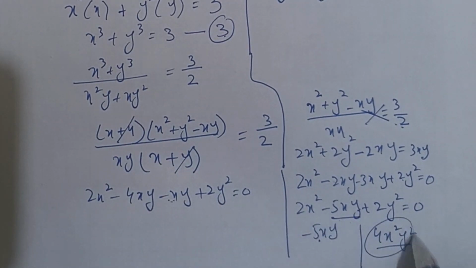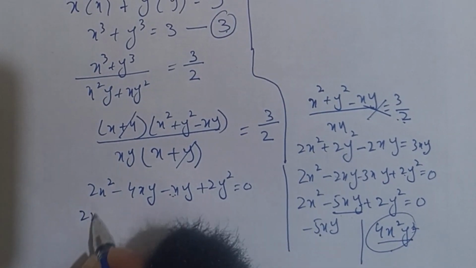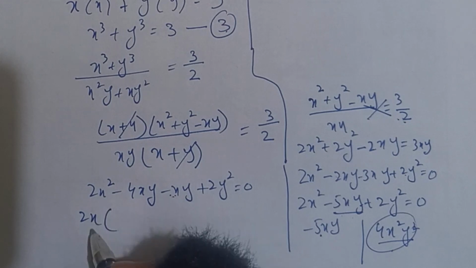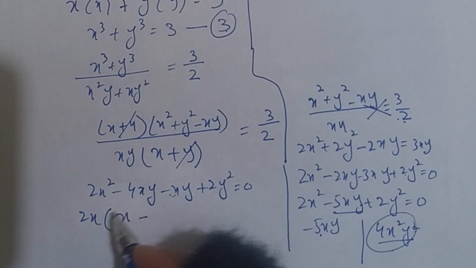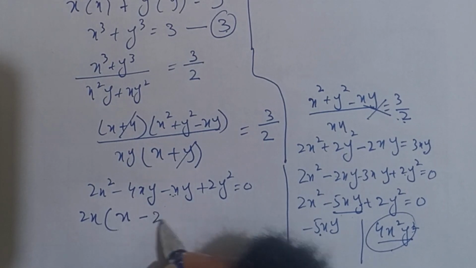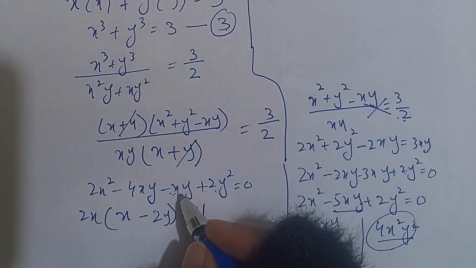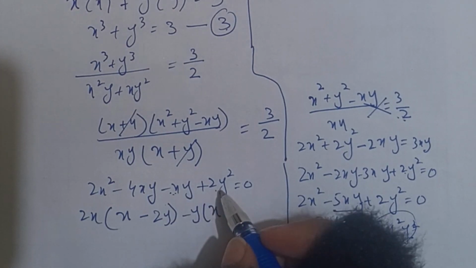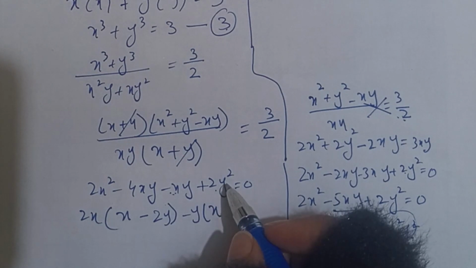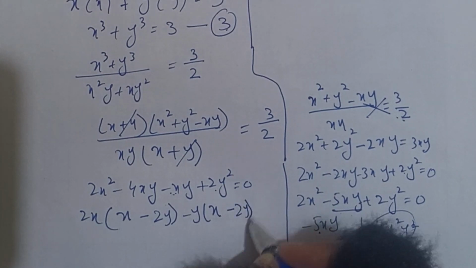Now look at the first two terms, 2x is involved in these terms, so we divide 2x square by 2x, then we get x. If we divide minus 4 times xy by 2x, then we get minus 2y. Minus y is involved in these terms, so we take it common. Dividing minus xy by minus y, we get plus x, and dividing plus 2 times y square by minus y, we get minus 2y. The right hand side is 0.